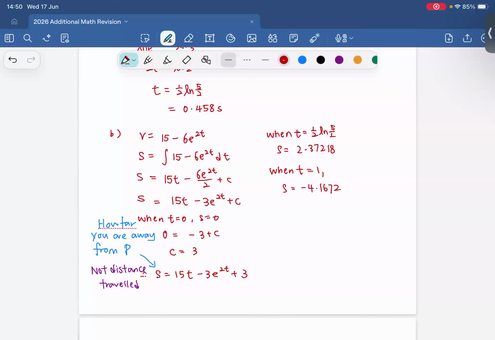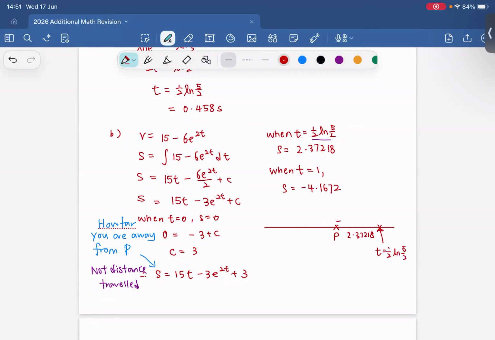So how do we find the distance traveled? You need to draw a diagram. This is my object P. When it travels until t is half ln 5/2, the object is at 2.37218. This point is when the time is half ln 5/2.